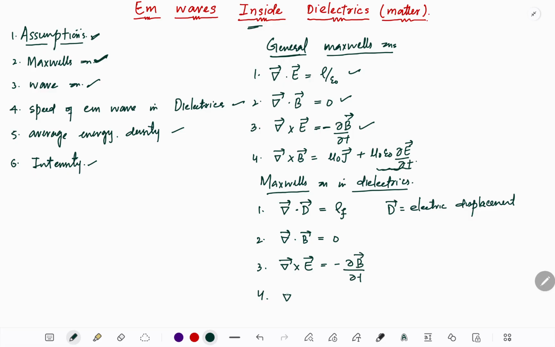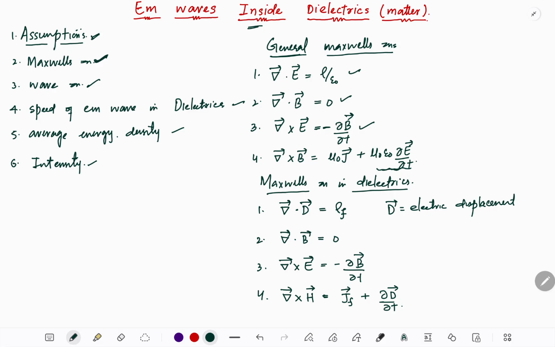And the fourth becomes del cross of H equals J f plus dou D by dou t. These are the Maxwell's equations for any dielectric material.